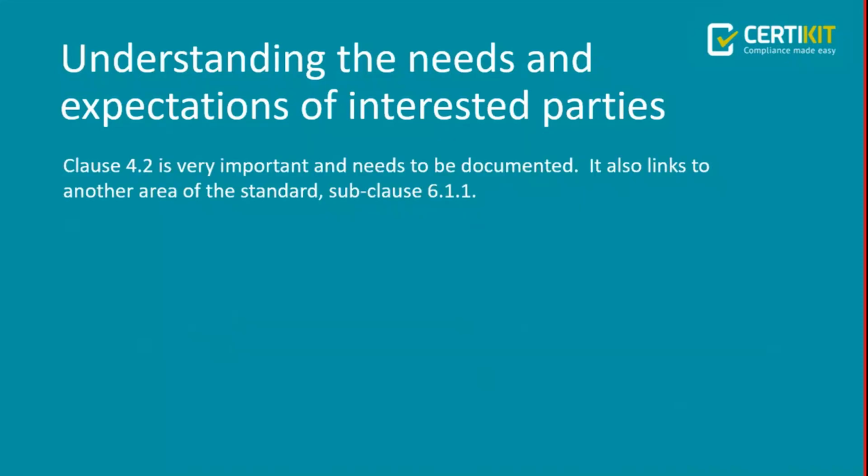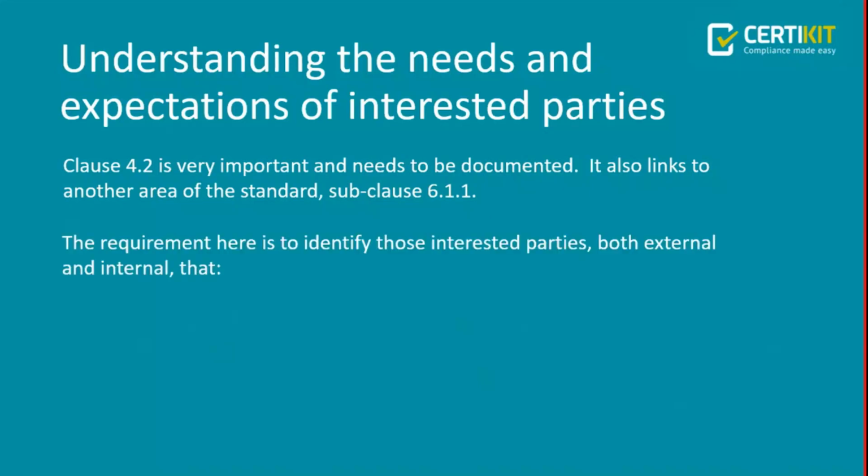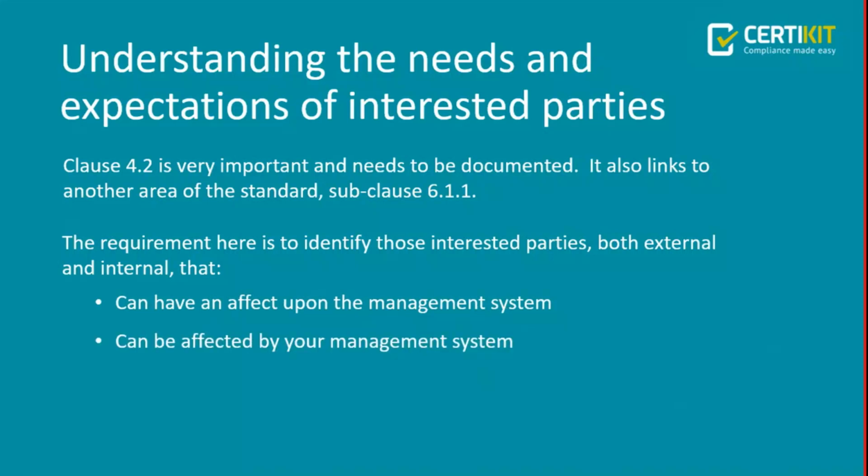Clause 4.2 states that you have to identify interested parties, both external and internal, that can have an effect upon your management system, can be affected by your management system, or perceived to be affected by your management system.